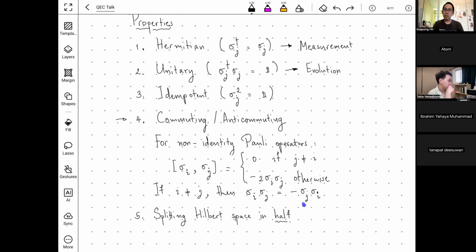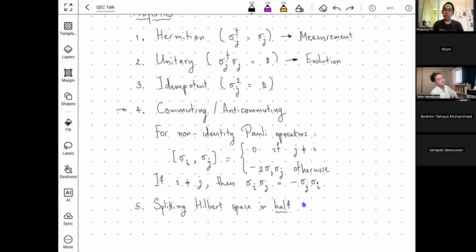You can use those as the syndrome measurement, or just the parity checks that we've discussed earlier, to correct back the quantum state, right? And another property of these operators is that when you measure using these Pauli operators, it actually splits the Hilbert space in half, into the +1 eigenspace and the -1 eigenspace, right?